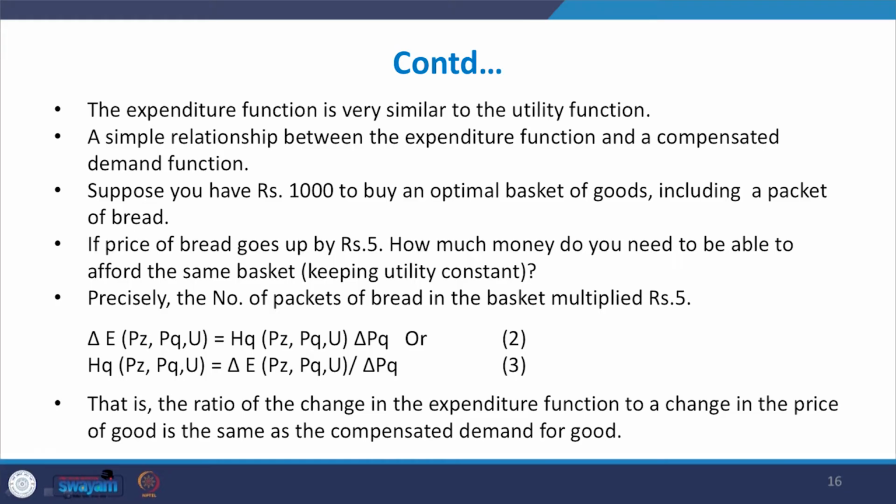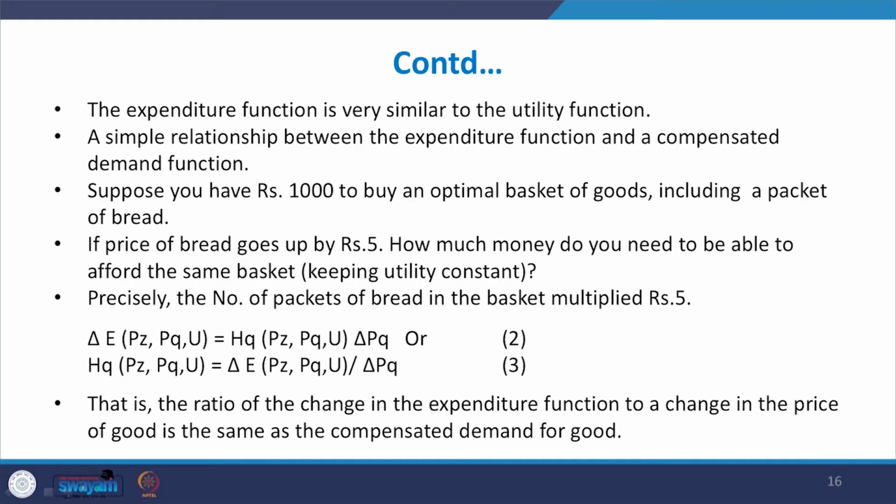Delta E is the net increase in the expenditure, equal to HQ(PZ, PQ, U) multiplied by delta PQ, meaning additional expenditure is the quantity of bread purchased multiplied by the additional price, delta PQ, and you will get delta E.